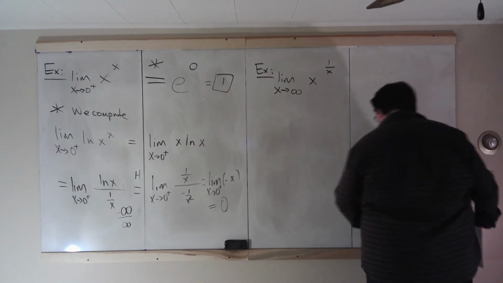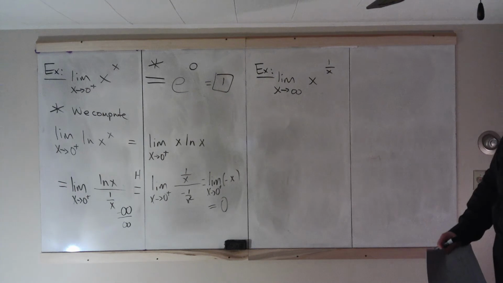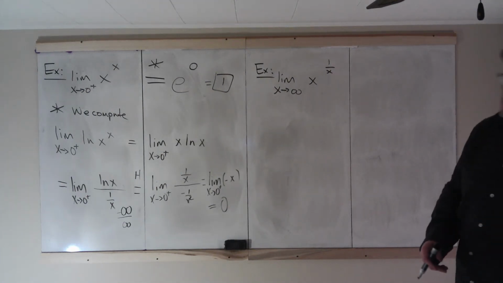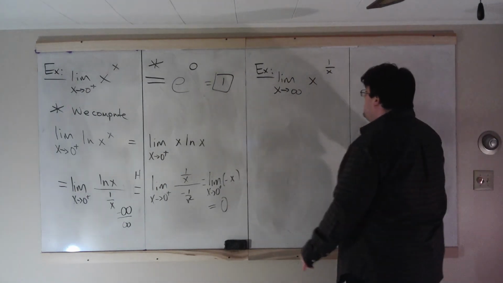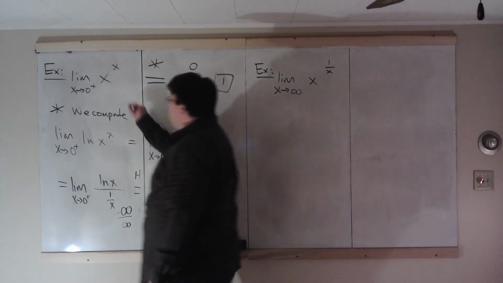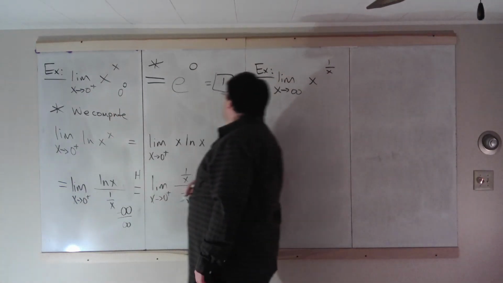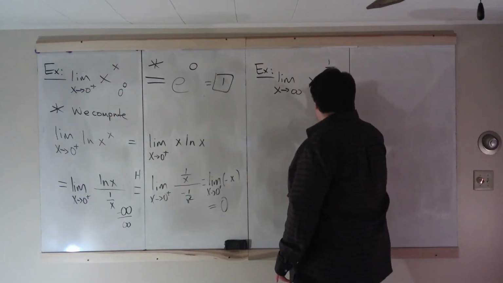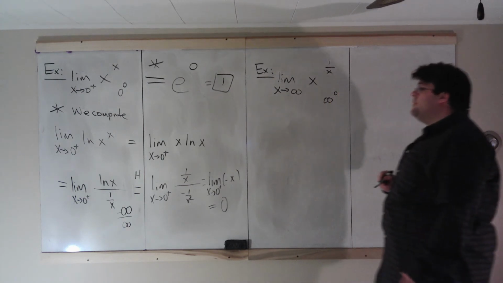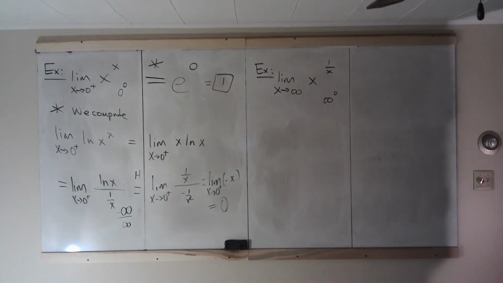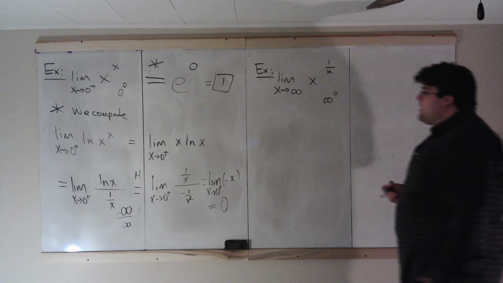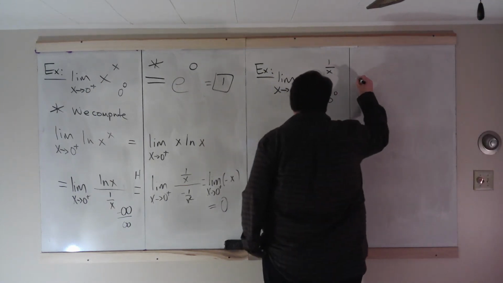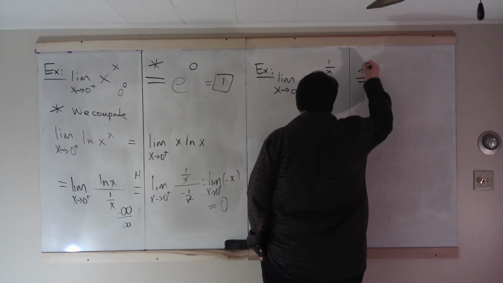So right here we have a limit which is of the form infinity to the, maybe I should have written this up here. This is a 0 to the 0. Right here we have an infinity to the 0. And we can compute this limit by throwing a logarithm on it and then applying L'Hopital's rule.